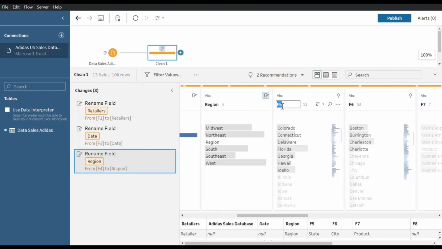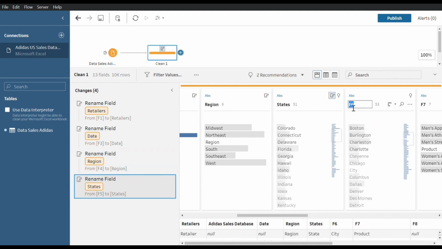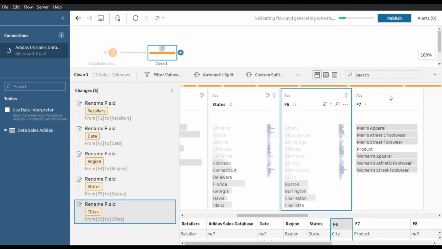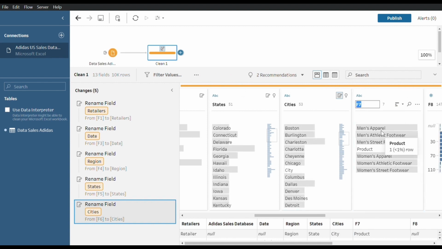Here we have cities. No, I'm sorry. Here we have states. We have cities here. We can name this, I think, products.